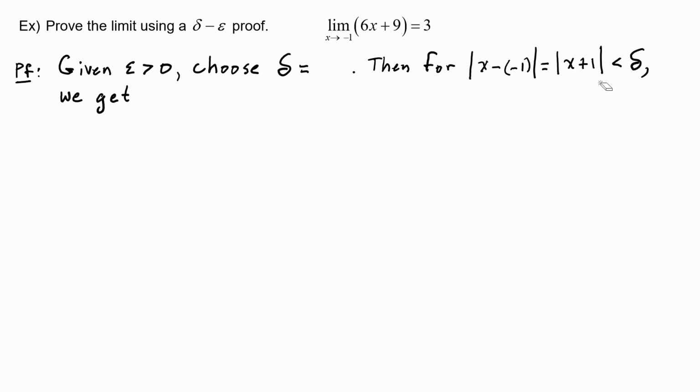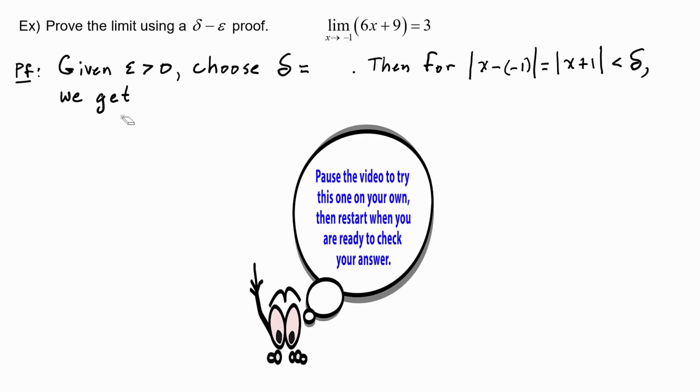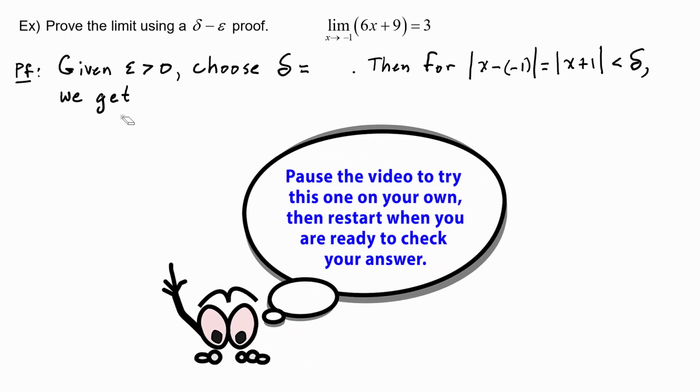But we have absolute value of x plus 1 less than delta, we get. Okay, now that you've got the setup going, pause the video and try writing the rest of the proof, then restart the video when you're all done and you're ready to check.